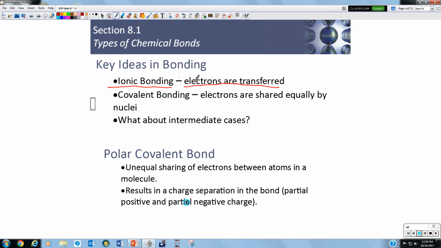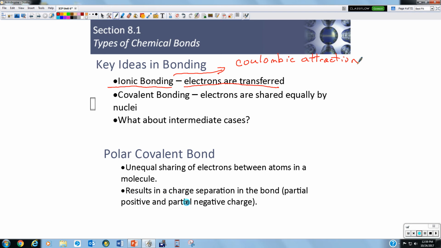What I do want you to know, when we're talking about ionic bonding, and something you'll see on tests and in higher level chemistry, is Coulombic attraction. I'm trying to make sure I spell it right. You will hear or see this phrase used.